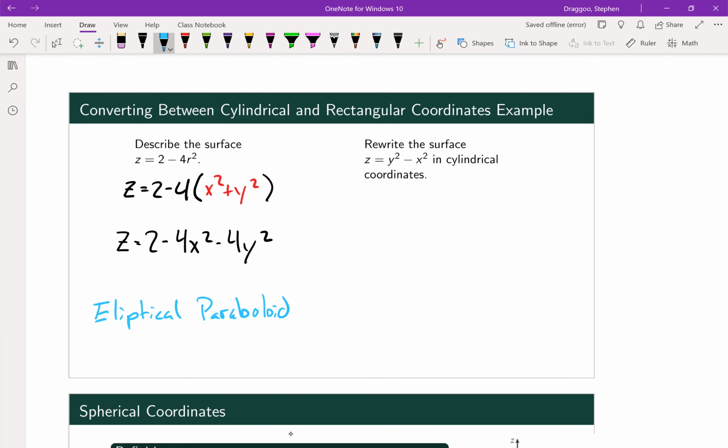Right. Then on to the second part of the example, rewriting the surface z equals y squared minus x squared, this time in cylindrical coordinates.